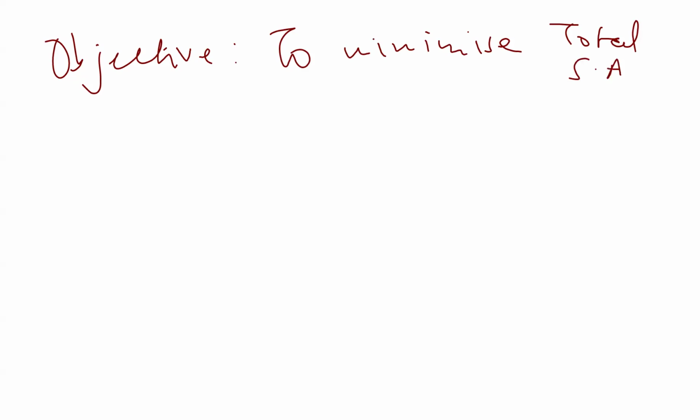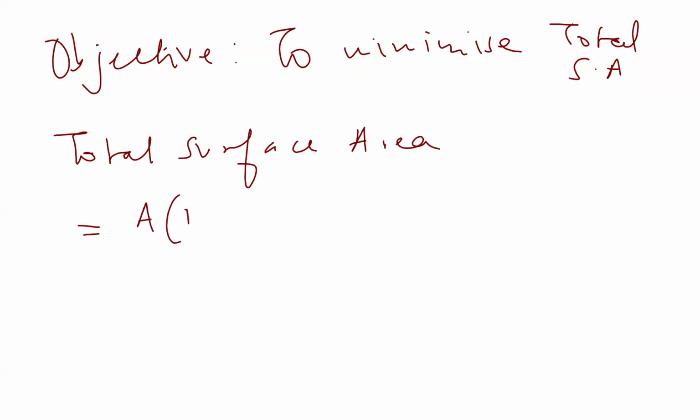Now this time the cylinder is not open from the top. So total surface area is equal to the area of the bottom and base, and these both are circles, plus the area of the curved surface.